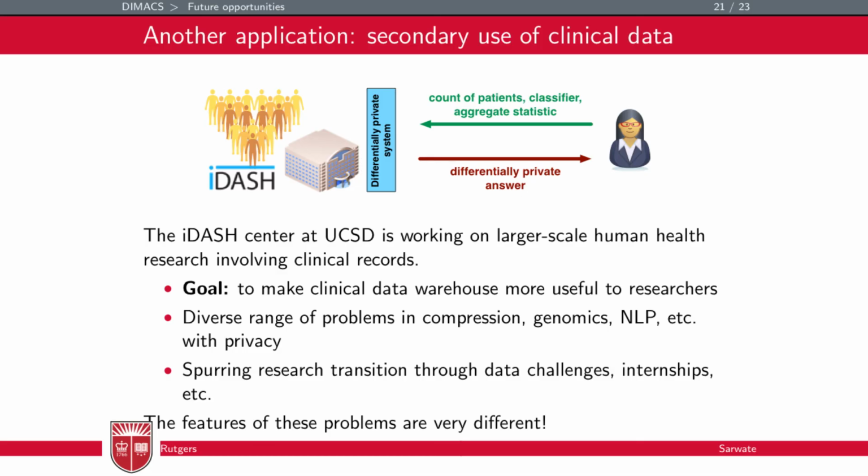They have a lot of internships, so they do try to transition some of that research into more practice. And I think maybe this is a good model for how to get some of the research methods into practice. But I just emphasize the features of these problems are very different from each other. So there's a very wide range of problems.